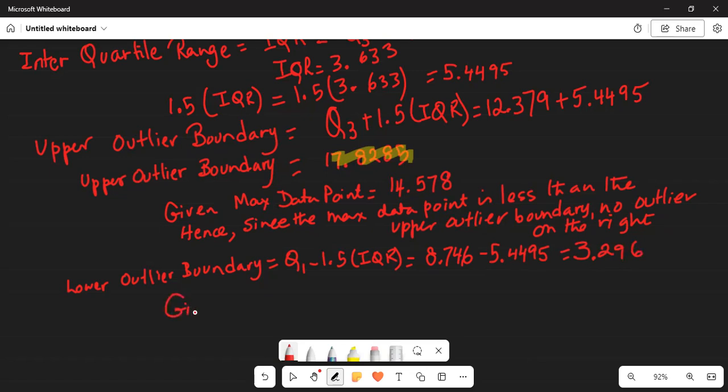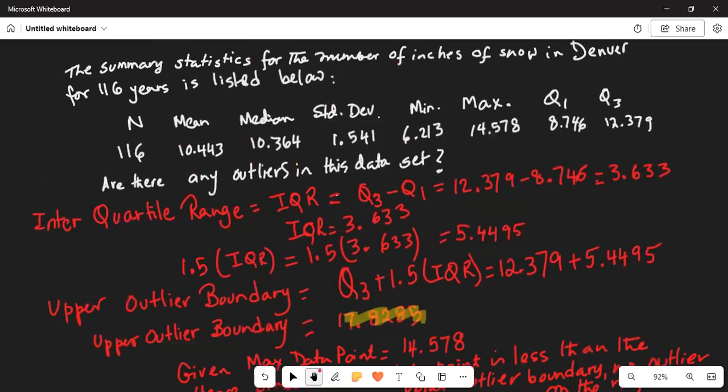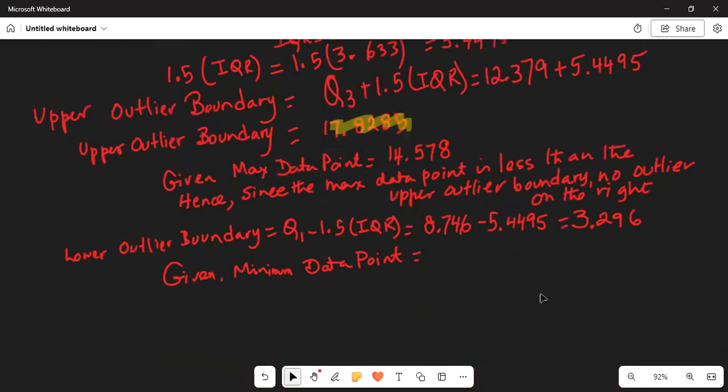Given the minimum data point in the table, we will take a look again. If you move this down, you'll see the minimum is 6.213.